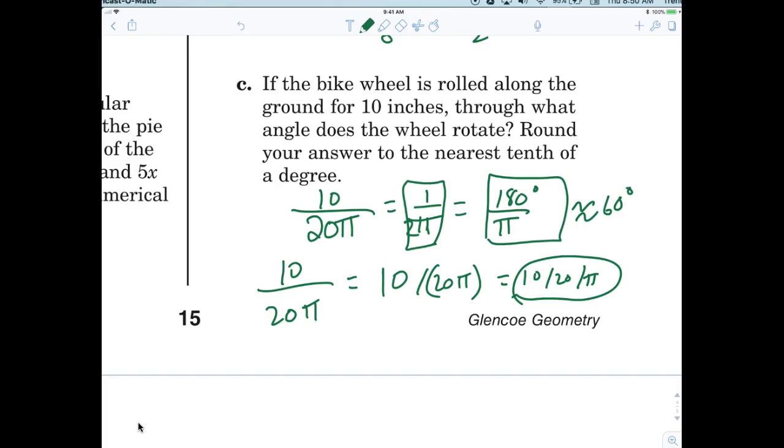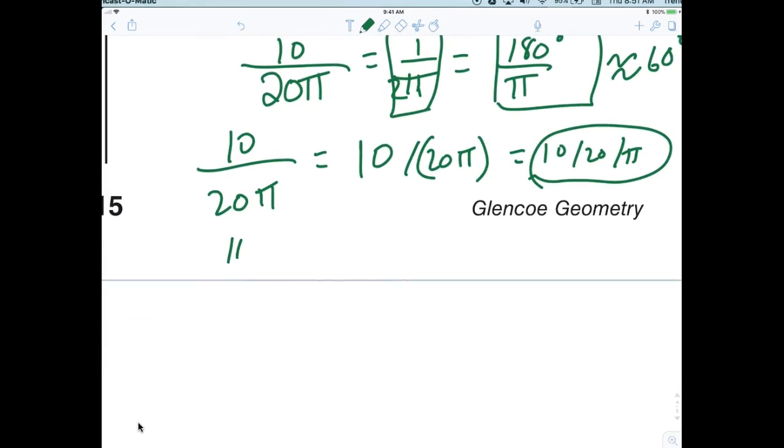I'm trying to get that to sink in. I'm trying to get you to have, whoa, okay, I understand what he's saying. You understand what I'm saying or not? I didn't think so. I can tell. This is doing 10 divided by 20 times pi. That's what that's doing. I'm doing 10 divided by 20 pi.